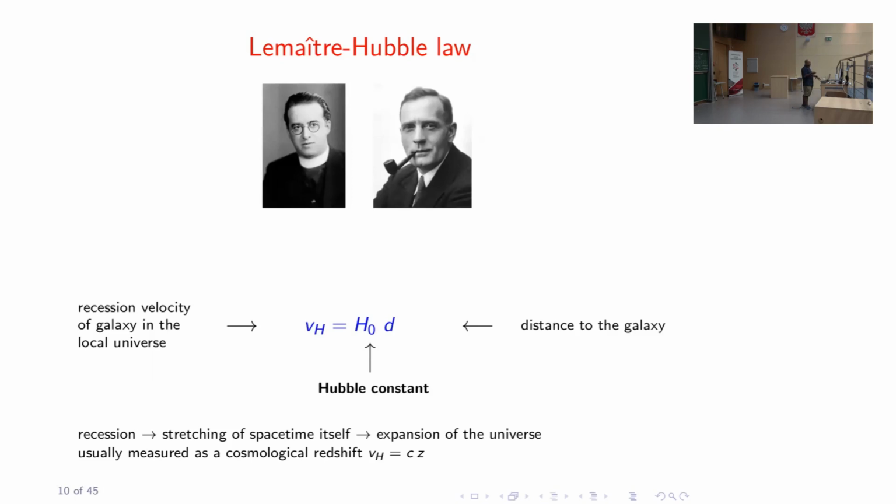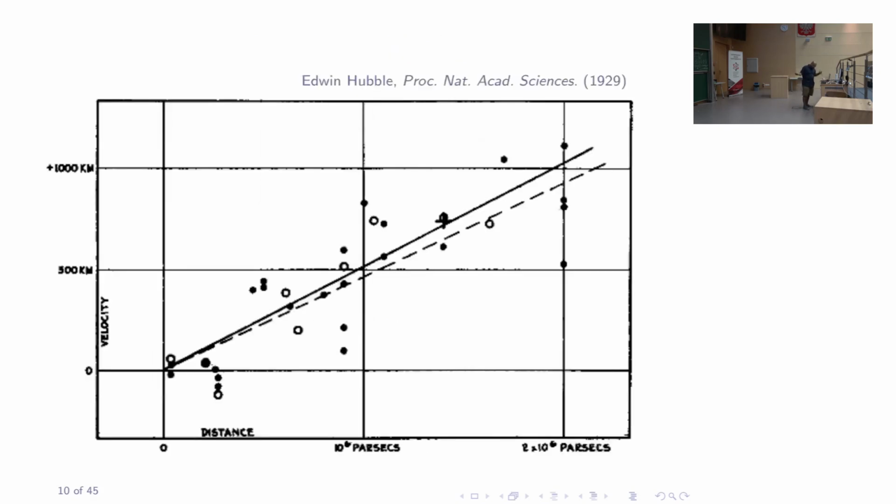The distance and velocity, recession velocity, which is essentially redshift, because the recession is due to cosmological redshift. So one needs distance and the redshift. Once again, let's consider this a recap.